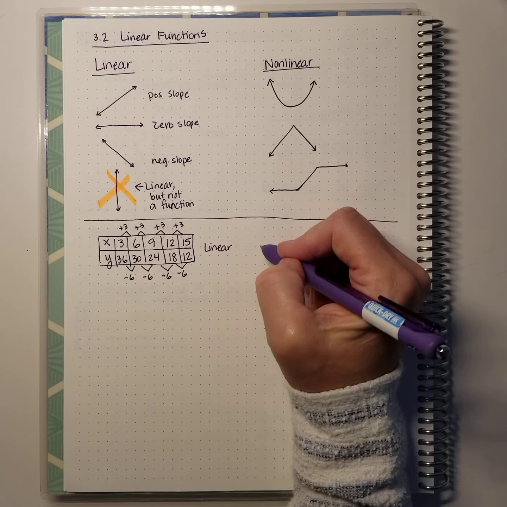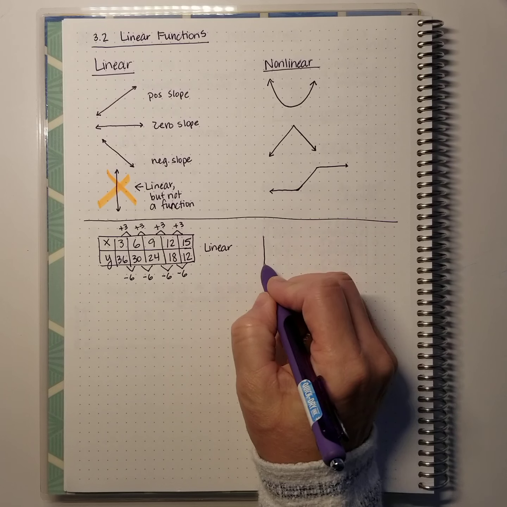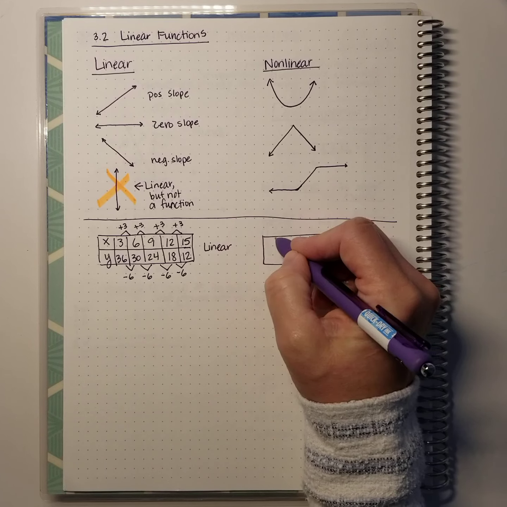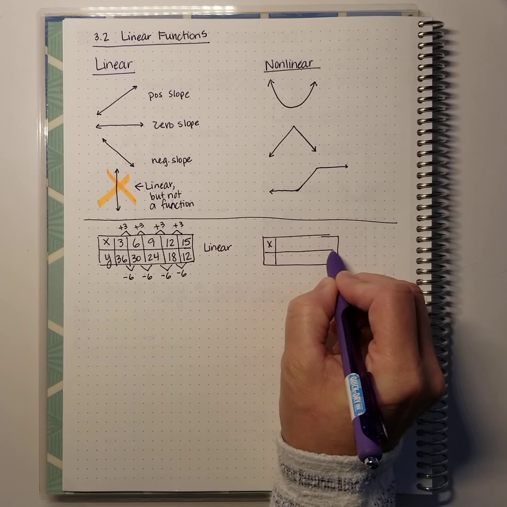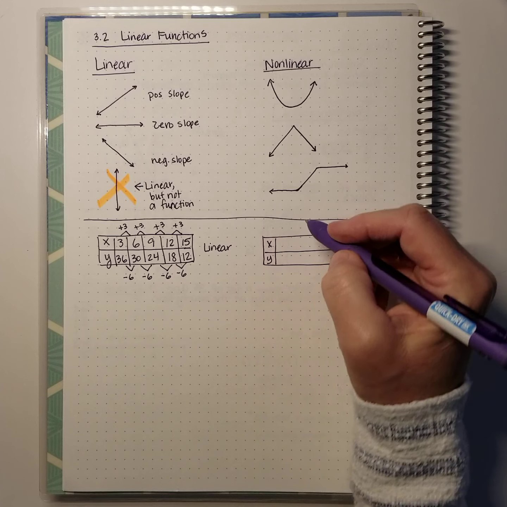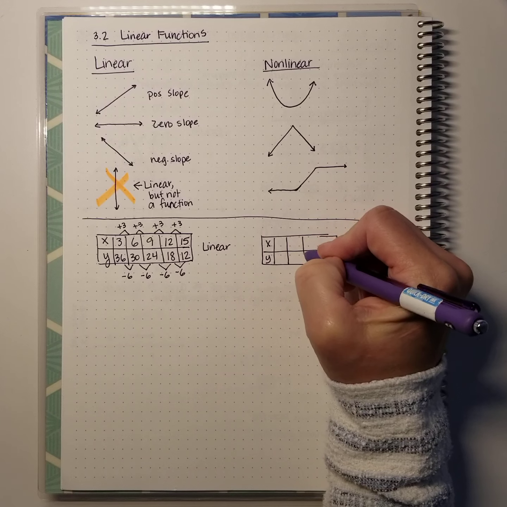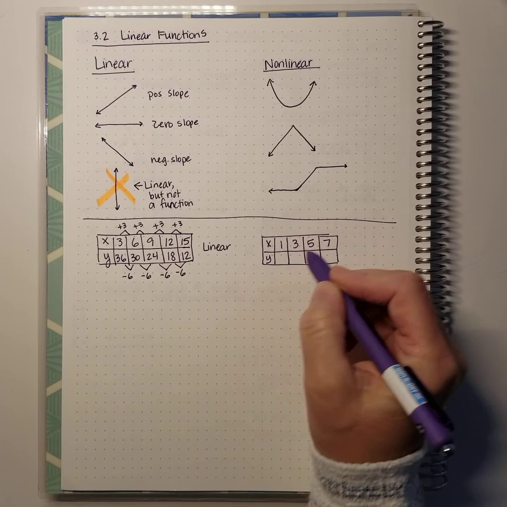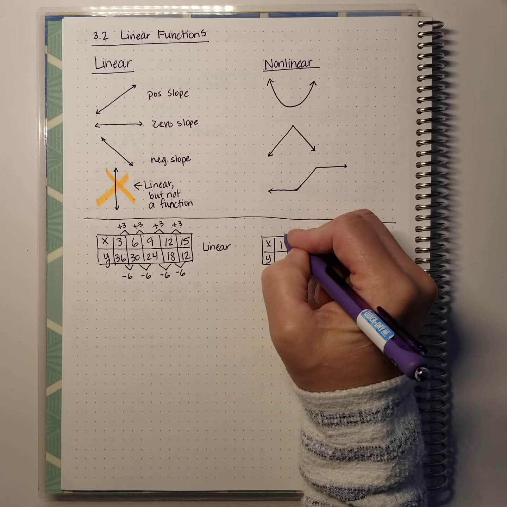So here's another one. The x values are 1, 3, 5, 7. So these are always increasing by 2.